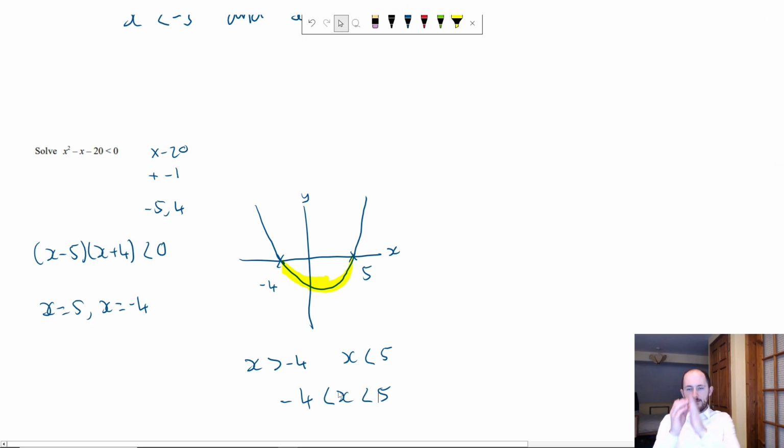So it's saying minus 4 is less than x, which is less than 5. It's in the middle between them. And is it equal to? Well, again, this inequality is not equal to, which means this inequality should not be equal to. Okay? So it's covering a little mistake that I see a lot of students make. This actually comes back in A-level maths as well, and A-level students make this mistake too. So try not to be one of them.